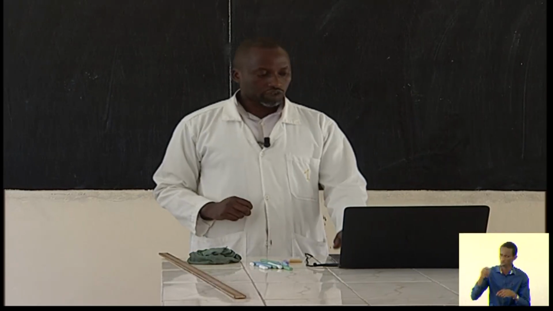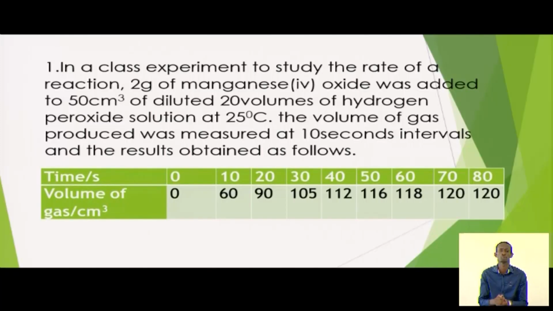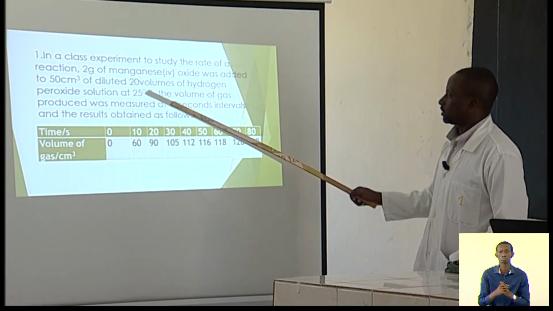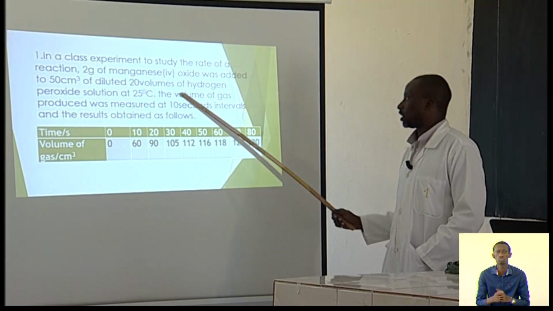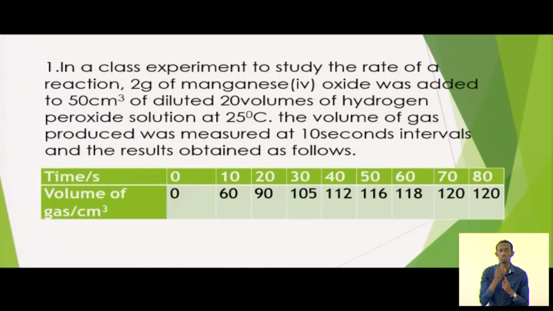So let's go straight to question number 1 that we are going to do together. It says, in a class experiment to study the rate of a reaction, 2 grams of manganese 4 oxide was added to 50 cubic centimeters of diluted 20 volumes of hydrogen peroxide solution at 25 degrees Celsius.